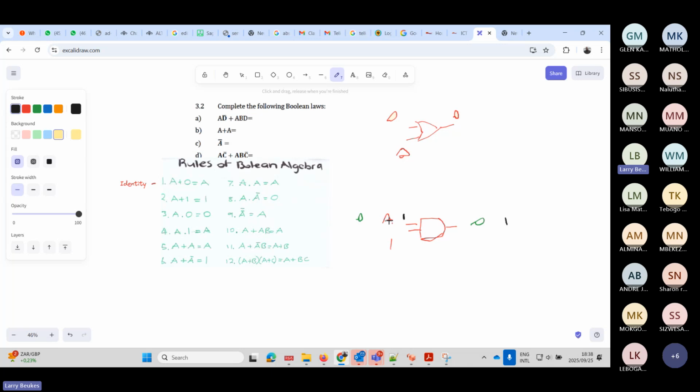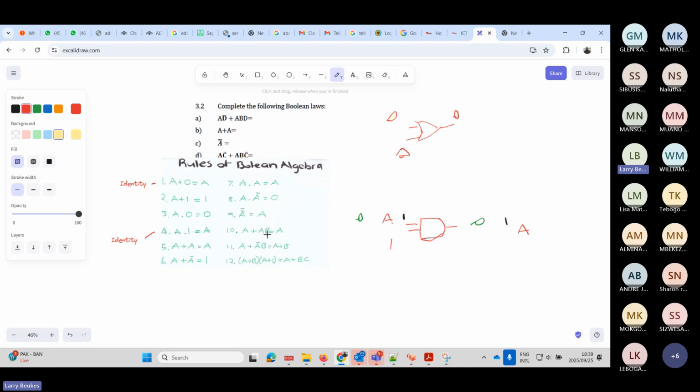So it means A, the output will be A. So that's what the identity law says to us. So I'm going to put it here. This is number 4. Number 4, we know it's identity.